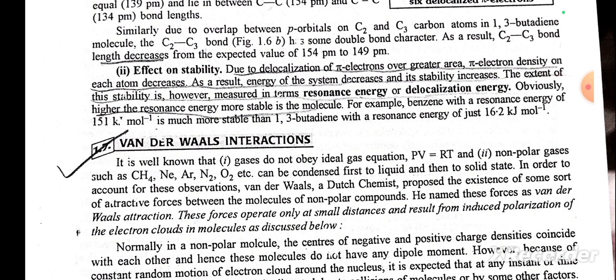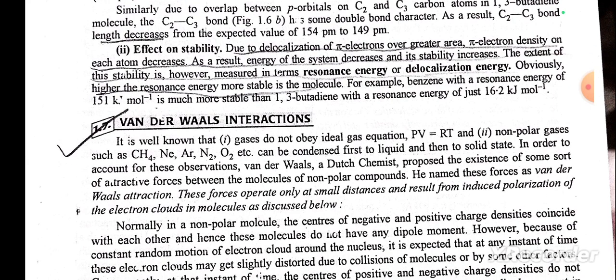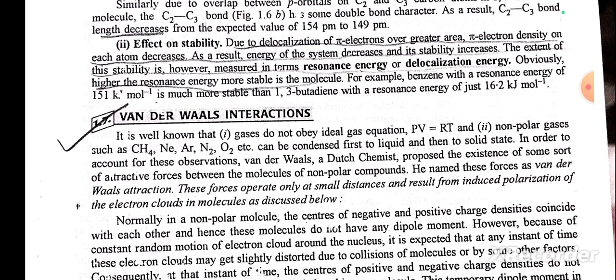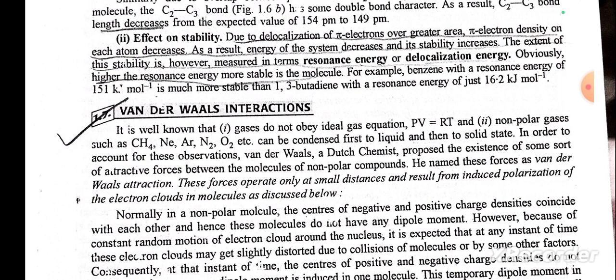Similarly, due to the overlap between the p orbitals, the C2 and C3 atoms of the 1,3-butadiene molecule have some double bond character. As a result, the C2-C3 bond length decreases from the expected value of 154 to 149 picometers. The second effect is stability. Due to the delocalization of the pi bond over a greater area, the pi electron density on each atom decreases.